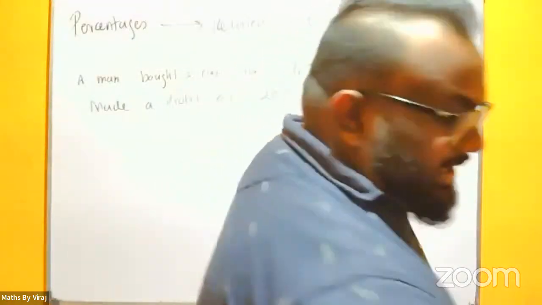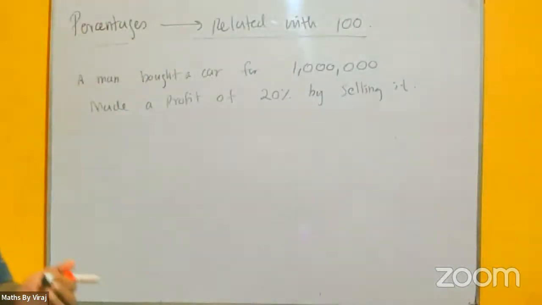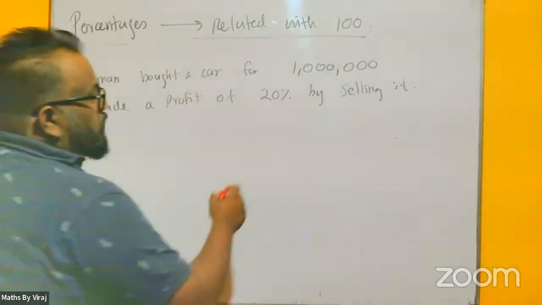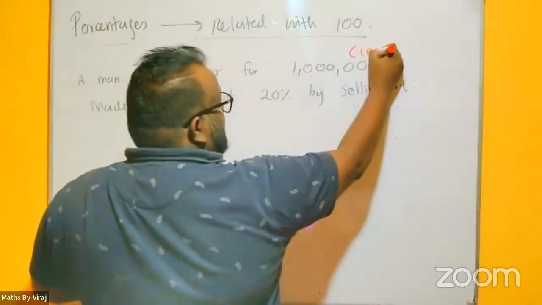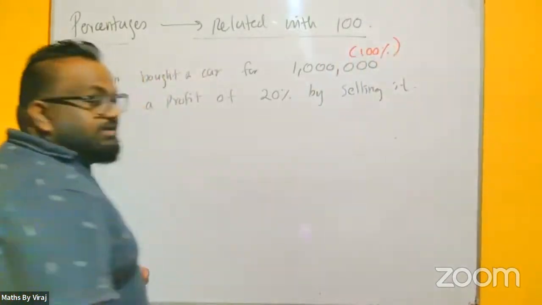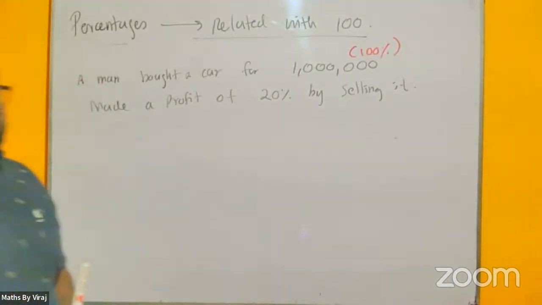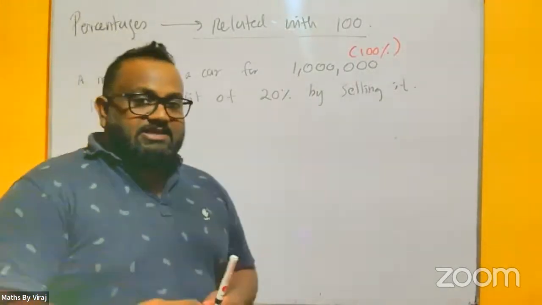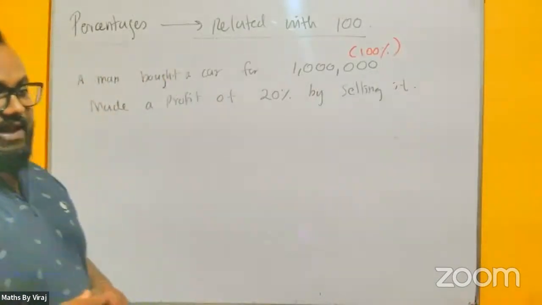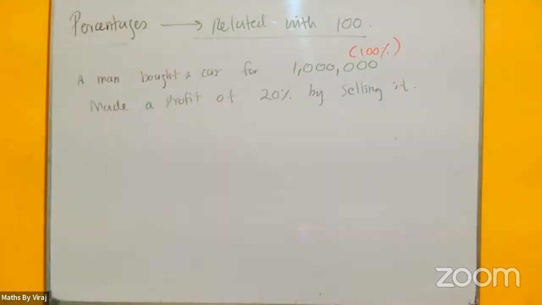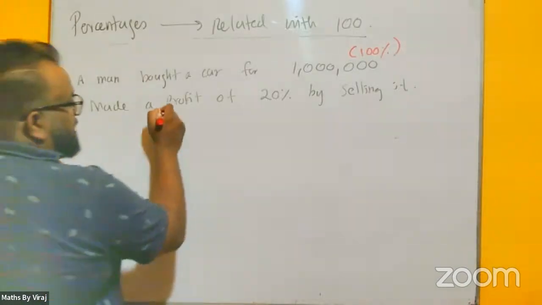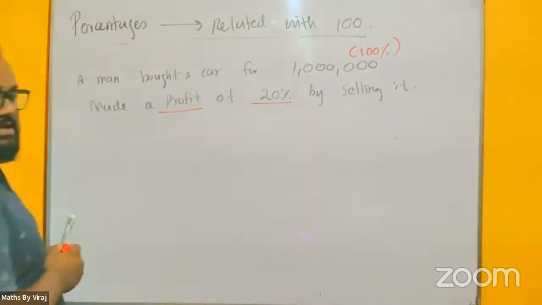What you should understand is the simple basic theory which lies behind this. Whatever the initial price or the cost, whatever that you have spent, that is considered to be 100%. Now, made a profit of 20%.